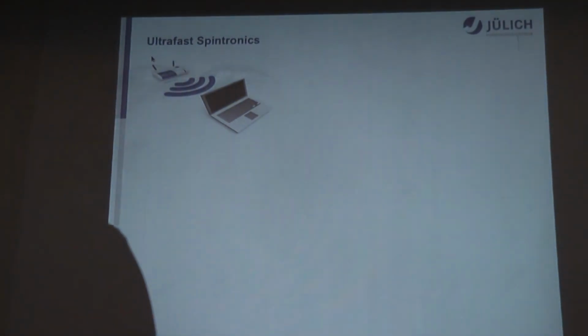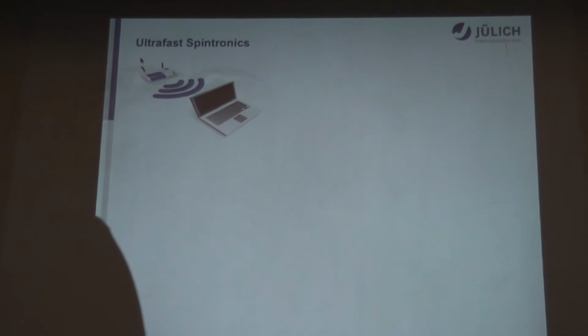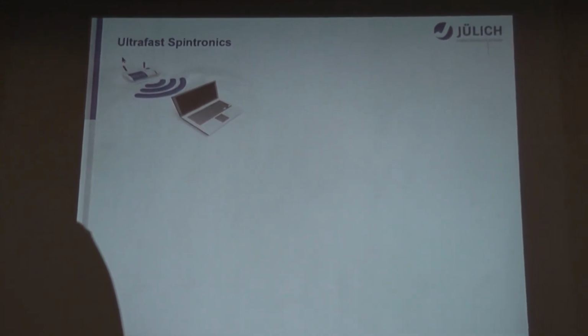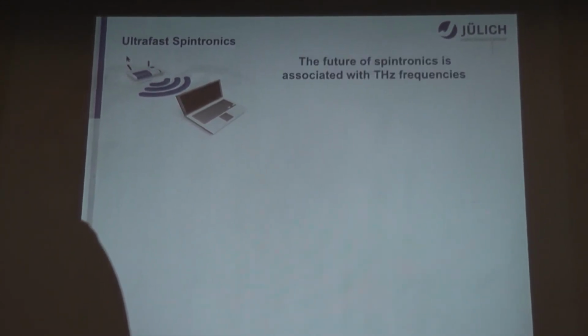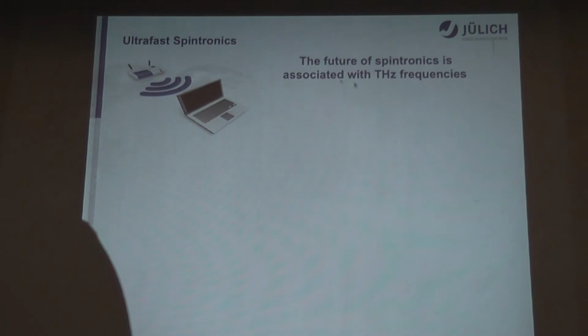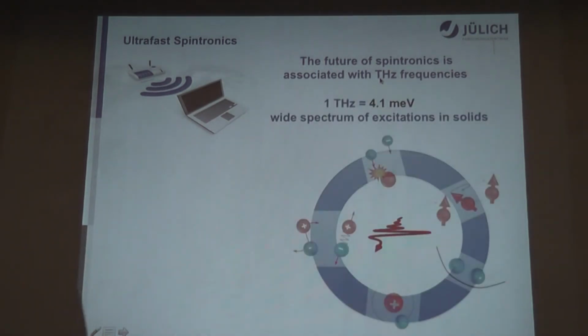It is basically three more slides. What we want from modern spintronics is that it actually operates at ultrafast frequencies. And when we talk about ultrafast, this means going to a higher class than what we have now, and ideally we have to have terahertz frequencies for the operation of our devices. Now, if you think about it a little bit, one terahertz is about one milli-electron volt.